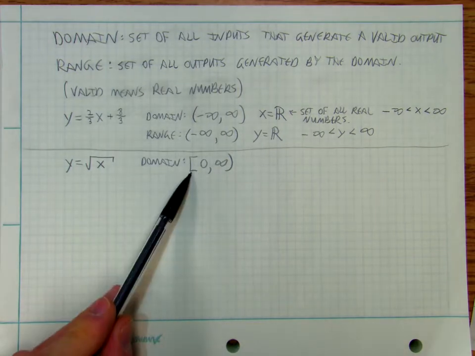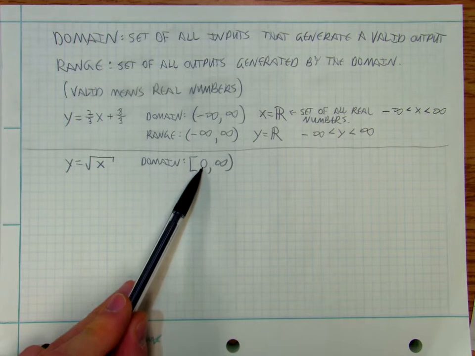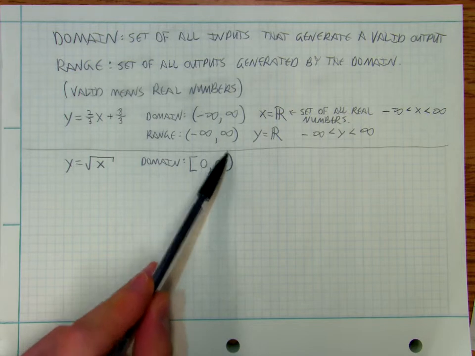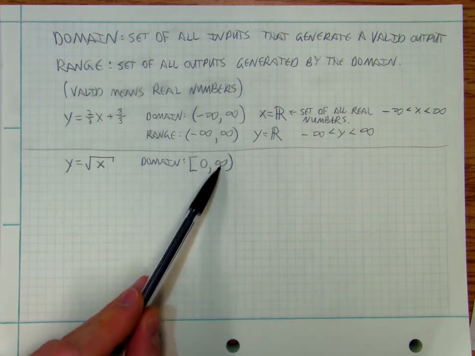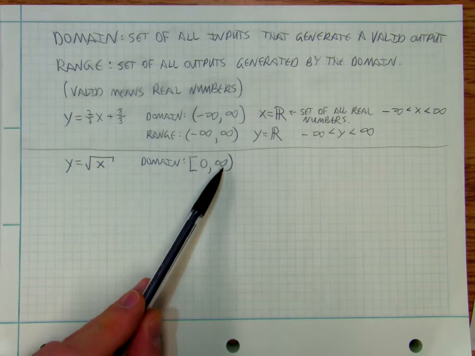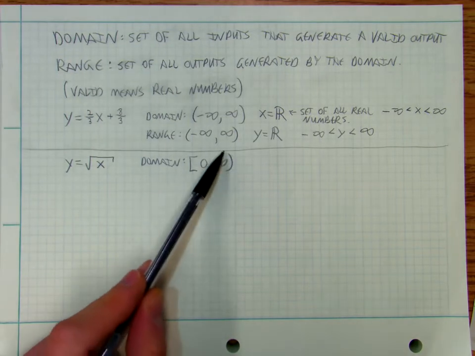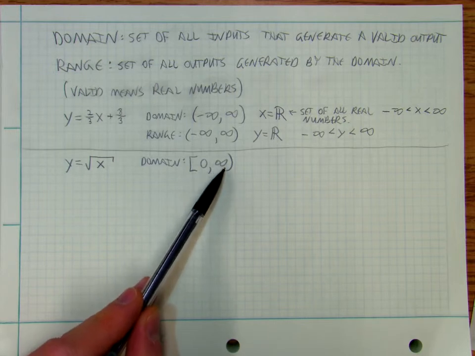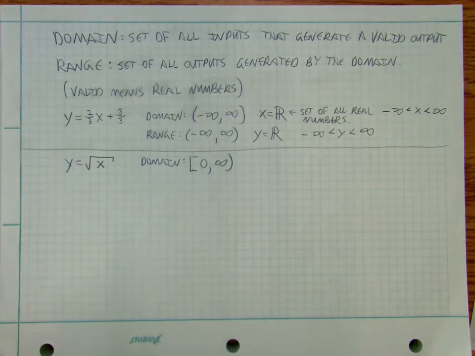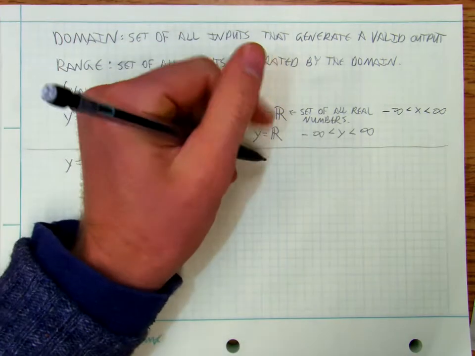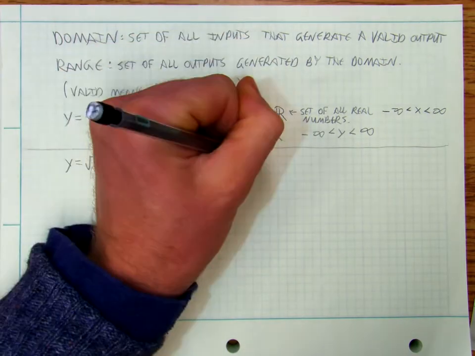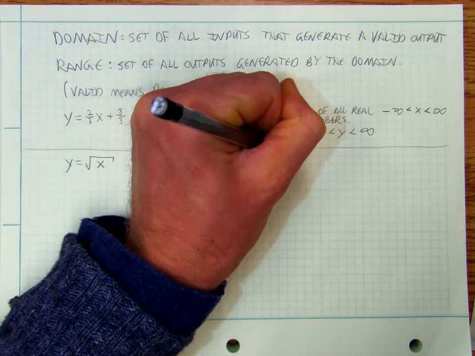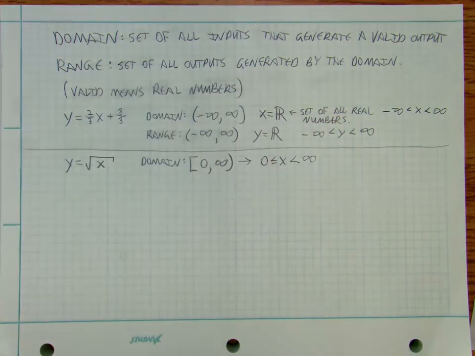The square bracket means that my domain includes 0, and the round bracket, the parenthesis, means that it's up to but not including infinity. We always have to put that because infinity is not an actual finite number, and so you can't include infinity. It's just the way it is. Or we can say that it's 0 less than or equal to x is less than infinity.